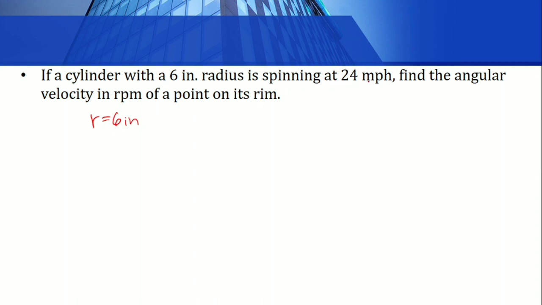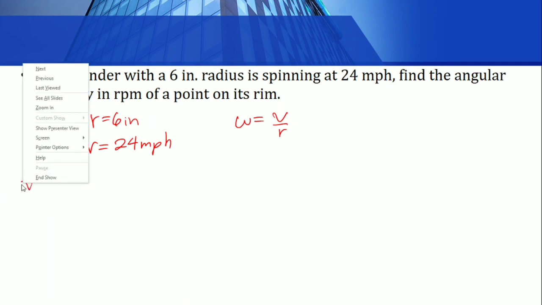So, this is again a linear velocity. So, that will be velocity is equal to 24 miles per hour. So, sabi natin, angular velocity is equal to V over R. Pero yung V natin is naka miles per hour. So, i-convert ulit natin yan in inches per minute.